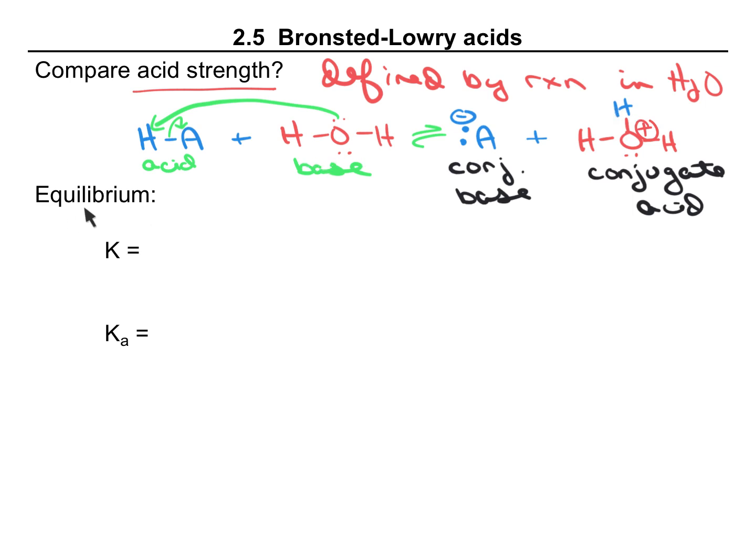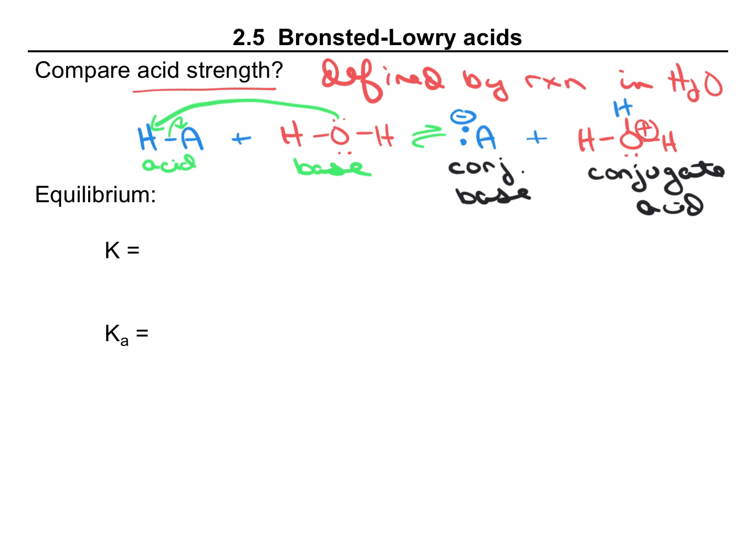Now for any equilibrium reaction, once the reaction has reached equilibrium so that the concentration of reactants and products are no longer changing, even though the forward and reverse reactions are still happening, we can write an equilibrium expression.